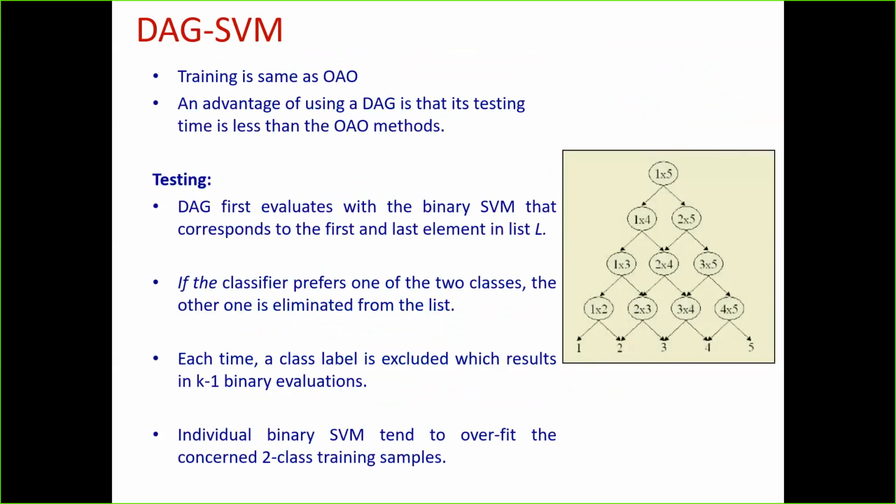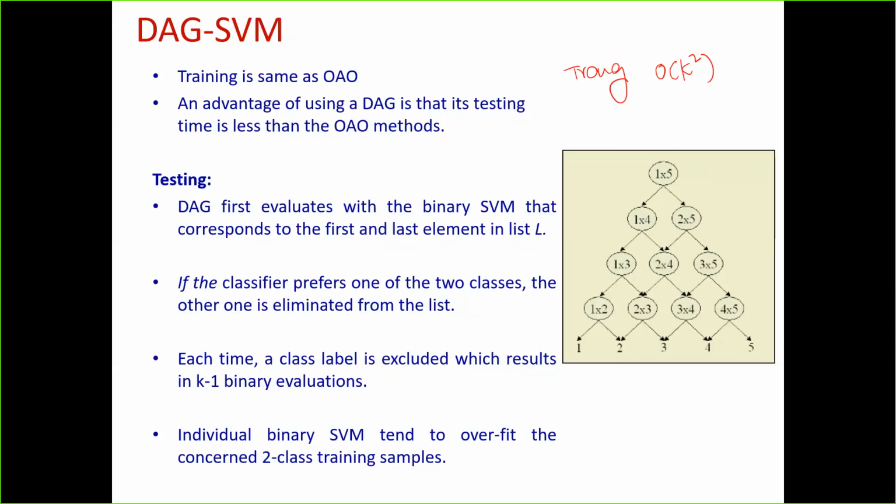So the training is the same as 1 against 1. That means DAG SVM is also training between every pair of classes. So what is the training complexity if it is the same as OAO for DAG SVM? Order of k square, k into k minus 1 by 2 number of SVMs it has to train. So training is order of k square.